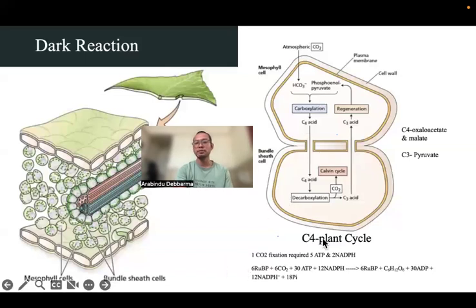Therefore, in total, in this process, 5 ATP and 2 NADPH are used. That means to produce one glucose, 6 ribulose bisphosphate, 6 molecules of carbon dioxide, 30 molecules of ATP and 12 molecules of NADPH are used during this process. That means compared to C3, C4 needs more energy in order to produce glucose.